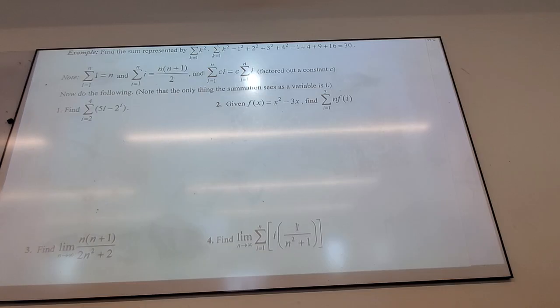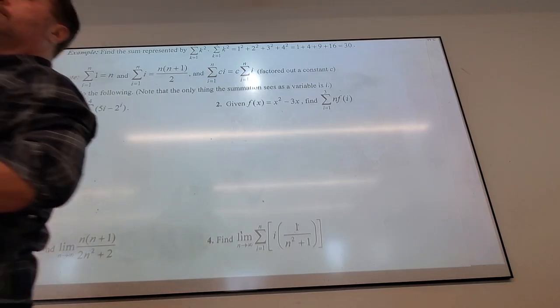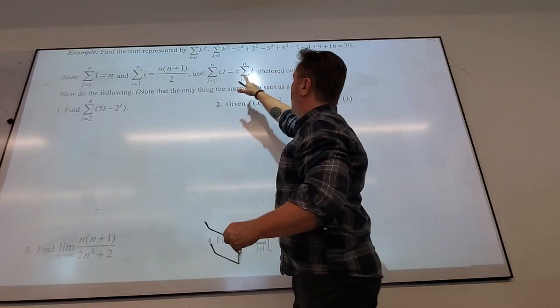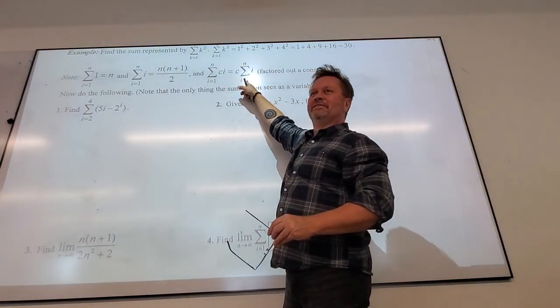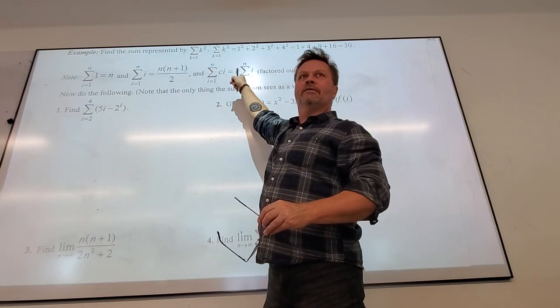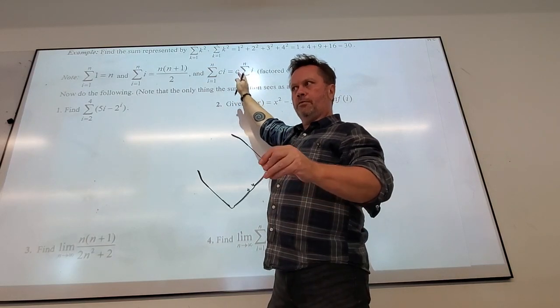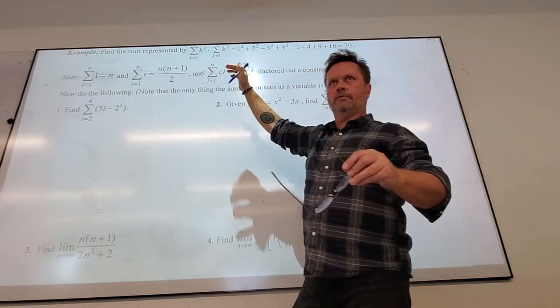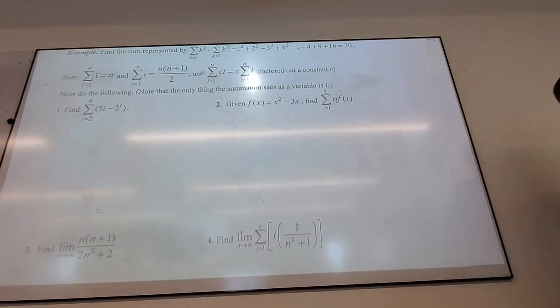Next thing, what is the variable according to the summation symbol? What is the thing that it sees as a variable? What is changing for the summation? i is the only variable according to this guy. Is everybody with me? Sort of? Okay. So n is not a variable according to that guy.